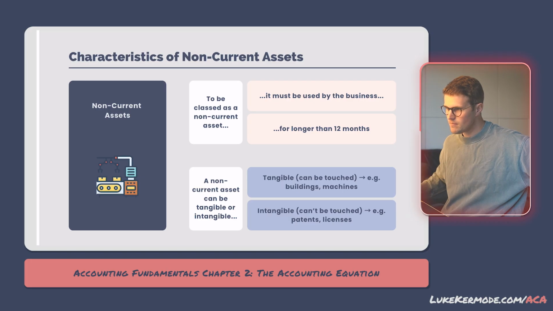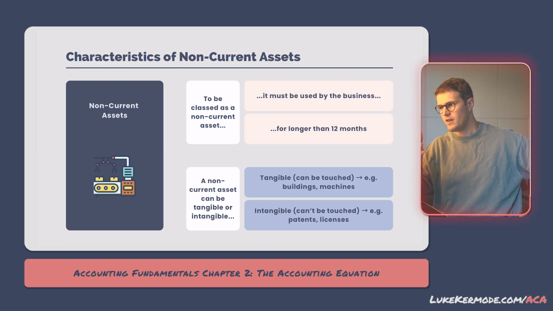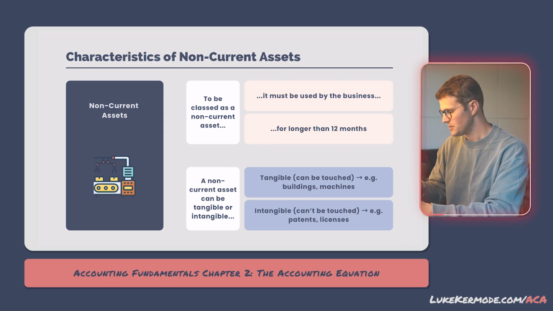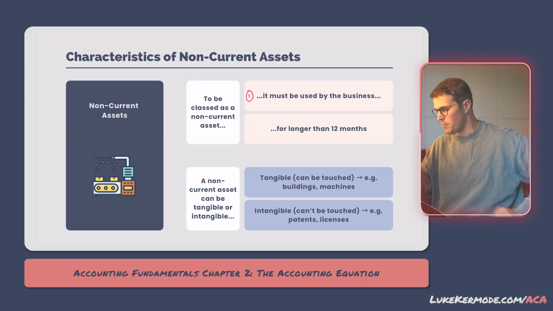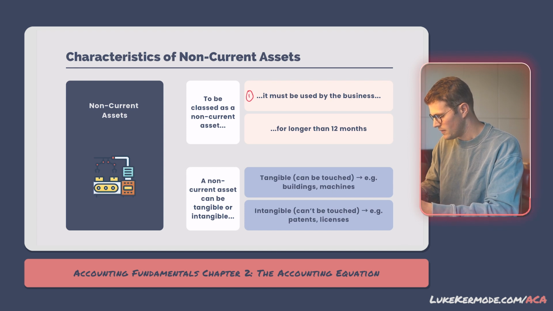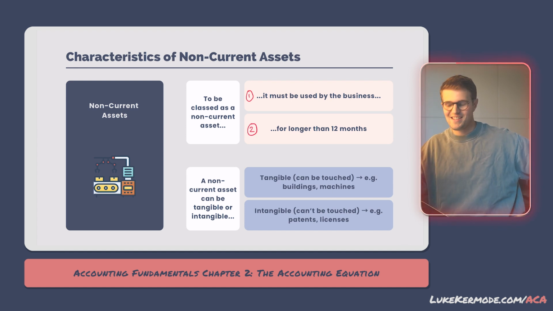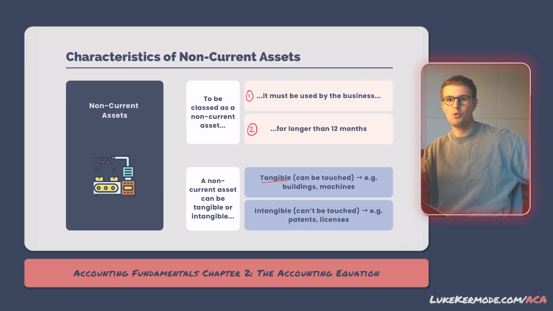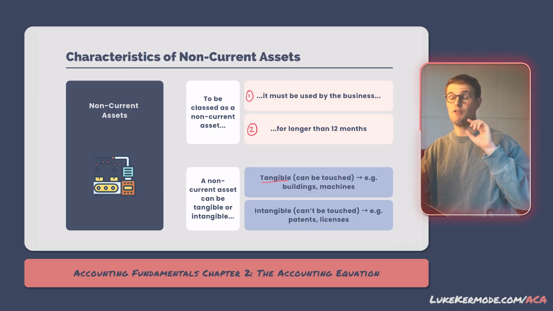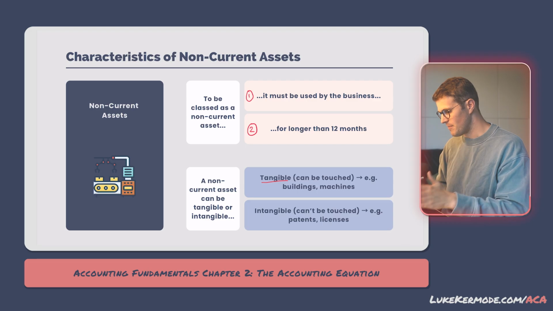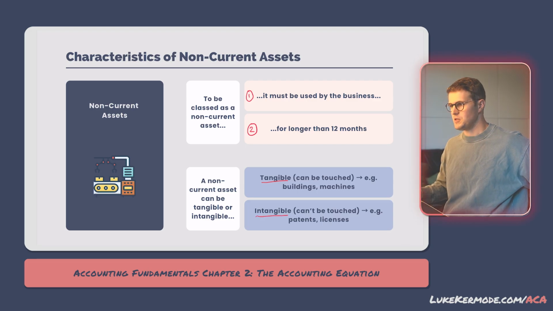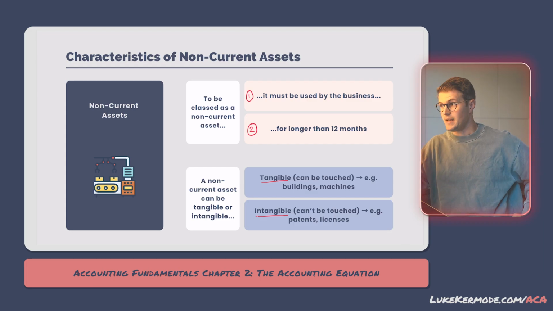For an asset to be classed as non-current, it needs to meet two conditions. First, the business must use it within its operations. Secondly, they must use it for a period longer than 12 months. Non-current assets can be tangible, like machines and buildings, which are assets that you can physically reach out and touch, or they can be intangible, like patents or software licenses, which are assets that can't be physically touched.